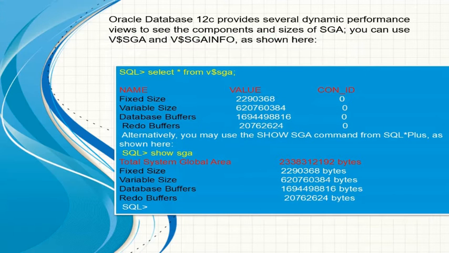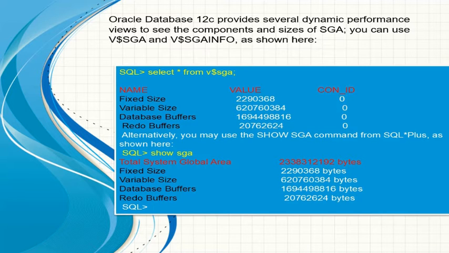Oracle Database 12c provides several dynamic performance views to see the components and sizes of the SGA. You can use the command V$SGA and V$SGAINFO as shown here.